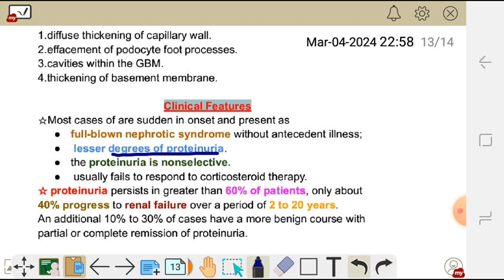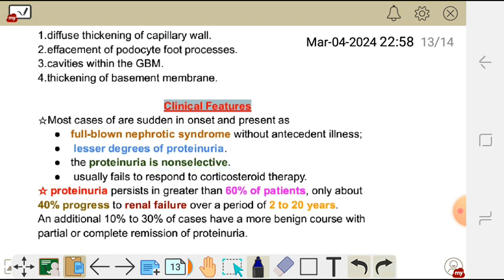So the protein which is lost is lesser. Why? Because the layer is going to thicken. Okay, we mentioned in the morphologic features that sclerosis may also happen there due to thickening of the GBM. So lesser degrees of proteinuria, and this proteinuria is non-selective. So it is non-selective, that is, we have more than one type of proteins which are lost in the urine.